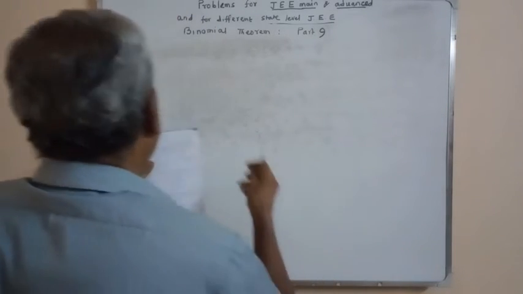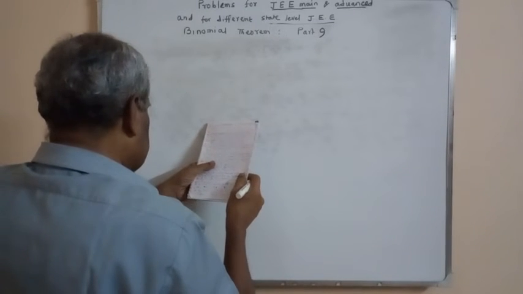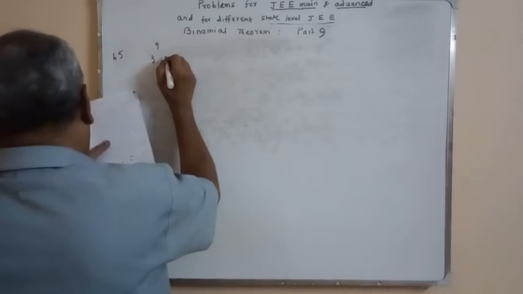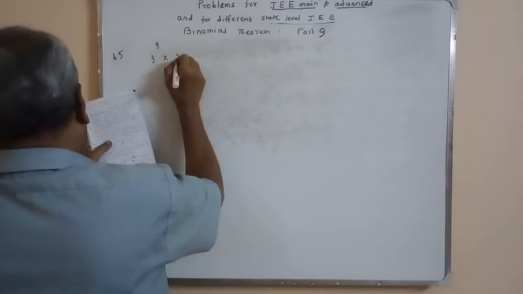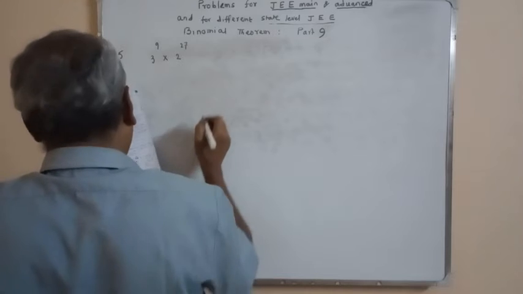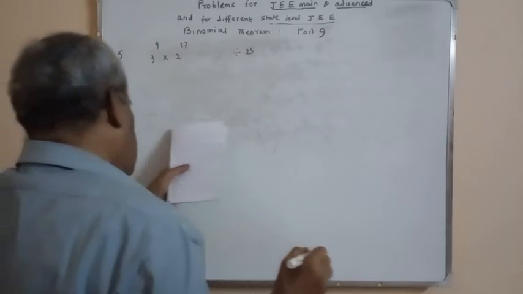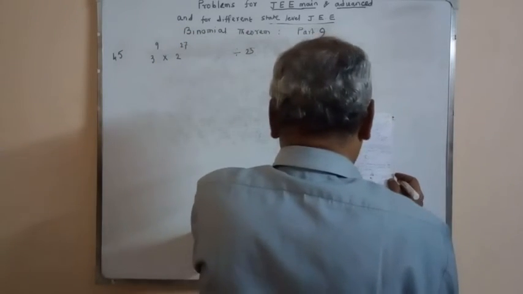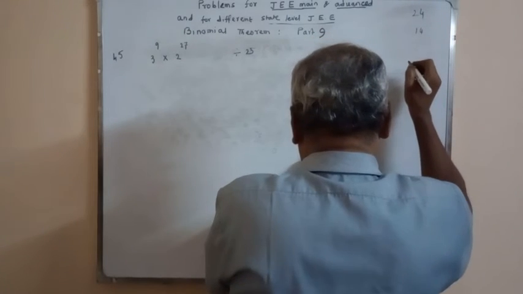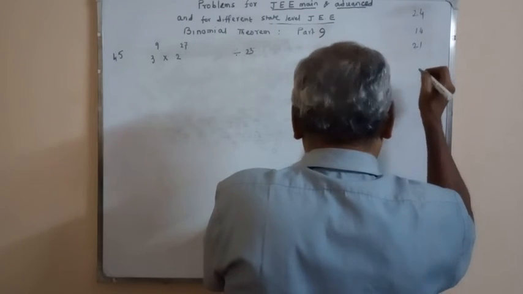Next, problem number 45. If 3 to the power 9 into 2 to the power 27 is divided by 25, the remainder is: options 24, 14, 21 and 7.